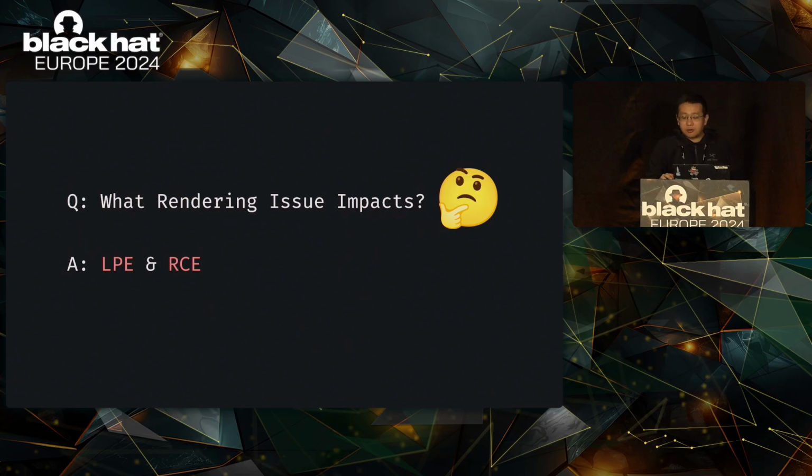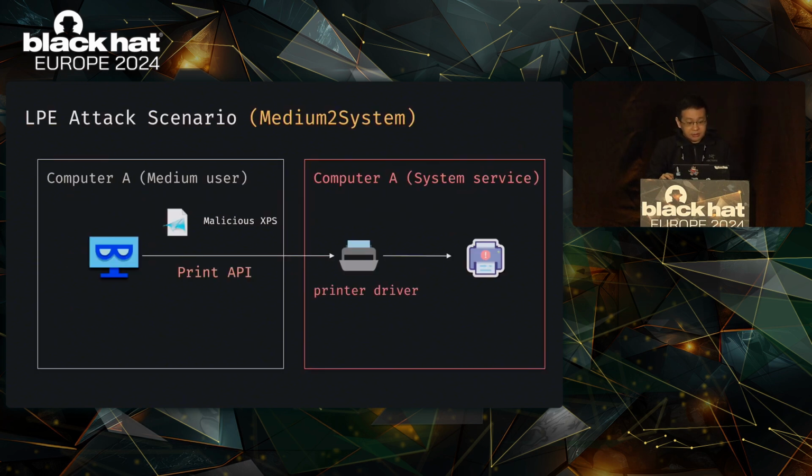So what impact could a rendering vulnerability have? Our answer is local privilege escalation, LPE, and remote code execution, RCE. Here is an attack scenario. First, let's look at the LPE attack scenario.